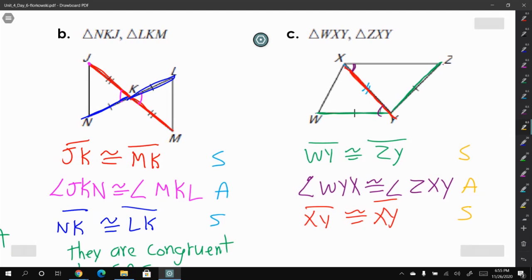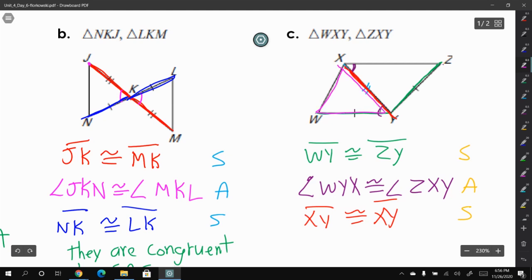So let's make sure that we have two pairs of congruent sides and one set of congruent angles. So let's make sure that the angle is the included angle in both triangles. We look at this triangle on the left right here.